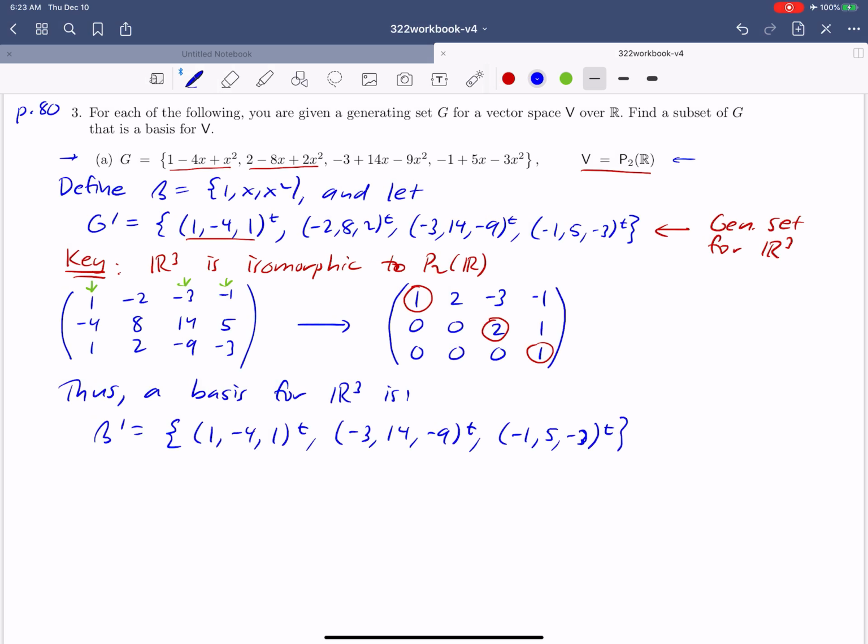Well, because of the isomorphism that we mentioned a minute ago, if this is a basis for R3, then the corresponding polynomials should be a basis for V. So which ones are the corresponding polynomials? 1, negative 4, 1 goes with this one. Negative 3, 14, negative 9 goes with this one, and then negative 1, 5, negative 3 goes with that one. And so the three polynomials that we wrote down should be a basis for V.